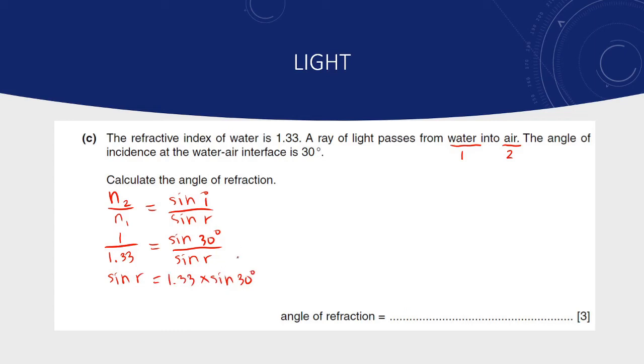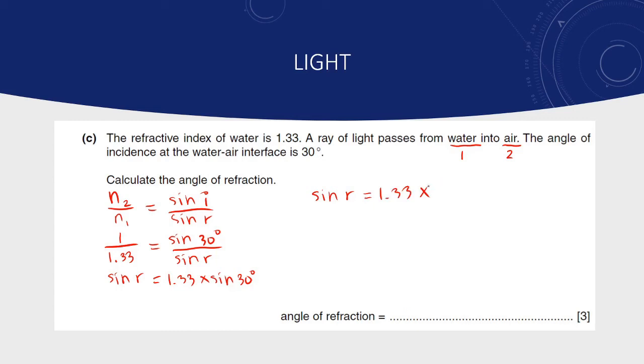Do the cross multiplication. Now, sine R equals 1.33 times the value of sine 30 degrees, which is 0.5.